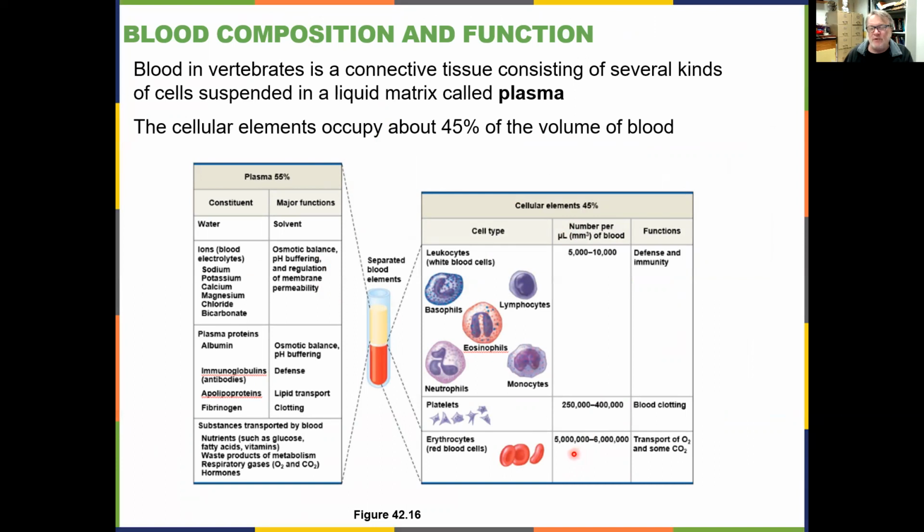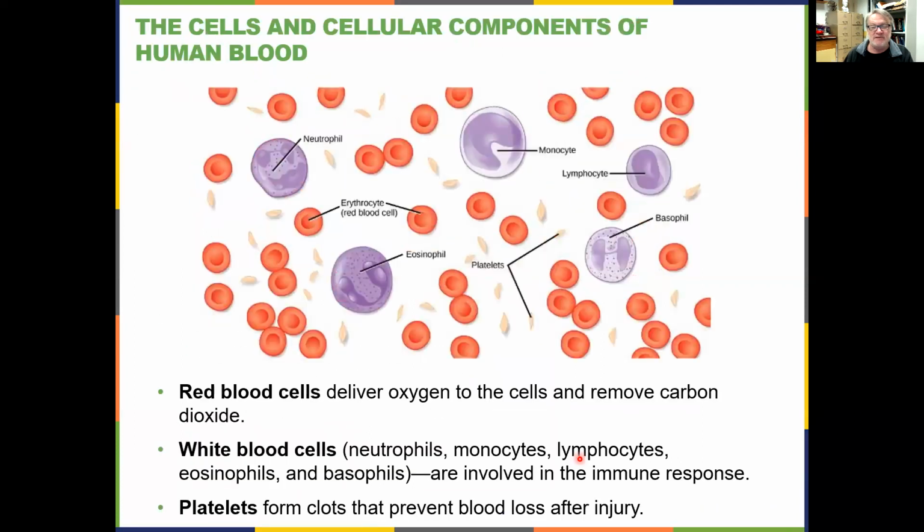If each one of them is carrying 1 billion, per microliter, and we realize an average adult human has between 5 and 6 liters, you can just imagine the incredible number of oxygen molecules being transported every moment by your circulatory system. But that's necessary because your mitochondria are using an enormous amount of oxygen every moment in the body. And so the blood has to keep up with that.